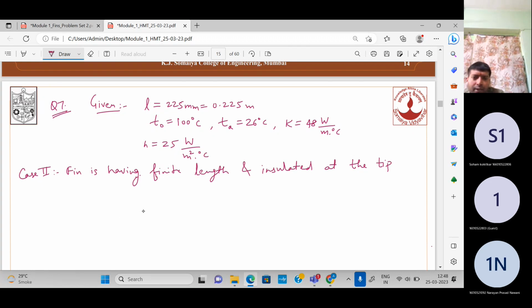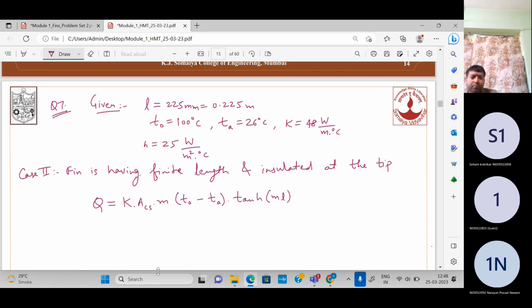So you can see we'll apply the heat dissipation expression. So it is equal to k A m (T_0 minus T_A) into tanh(m l).